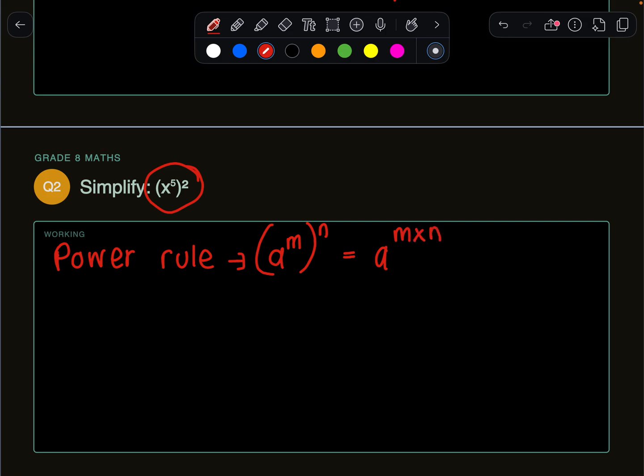In this case, we have x to the power of 5, that whole thing squared, which means we're going to have x to the power of 5 times 2. And so we end up with x to the power of 10. Again, really straightforward if you know the rule.